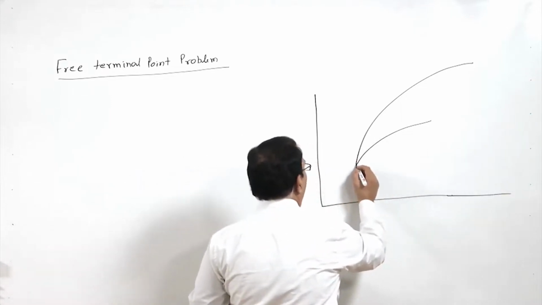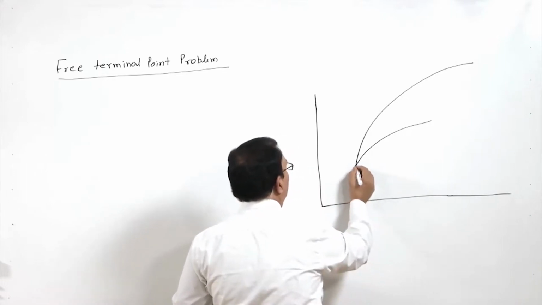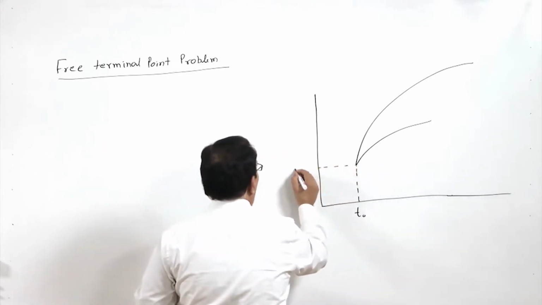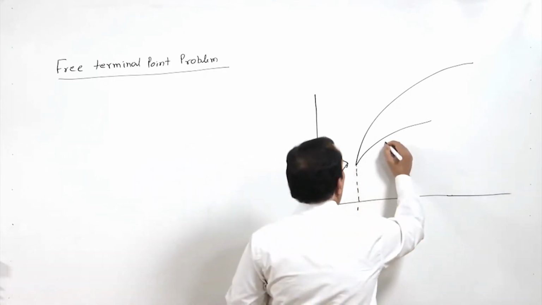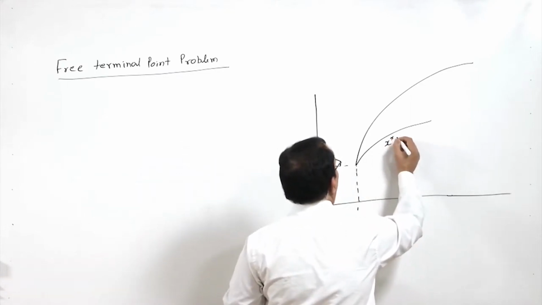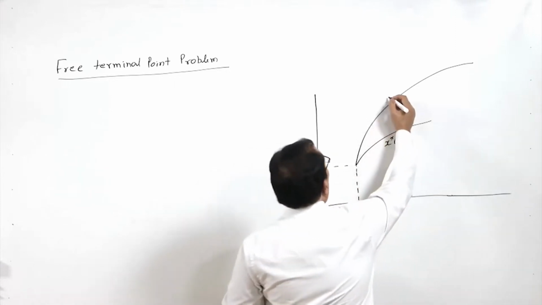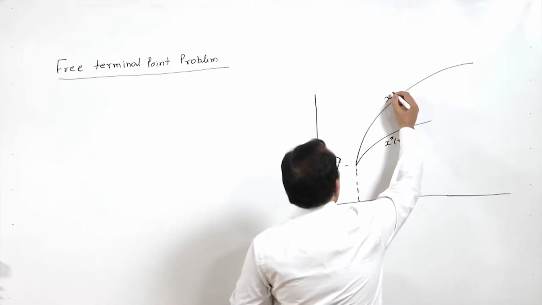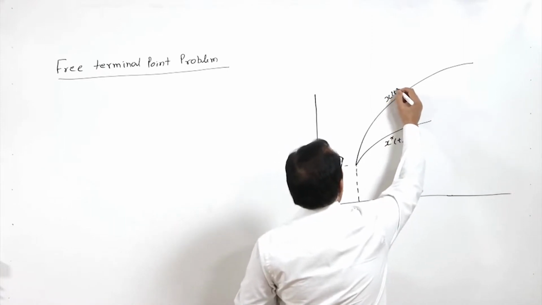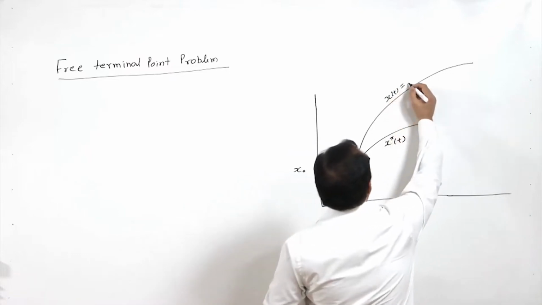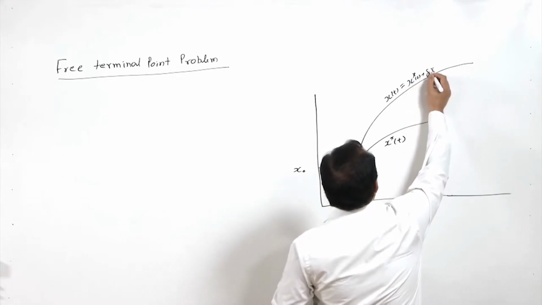So, we can define t0 and x(t0), the value of x at t0, as fixed. I define my optimal trajectory x star, and the variation x(t) can be simply written as x star of t plus delta x of t.